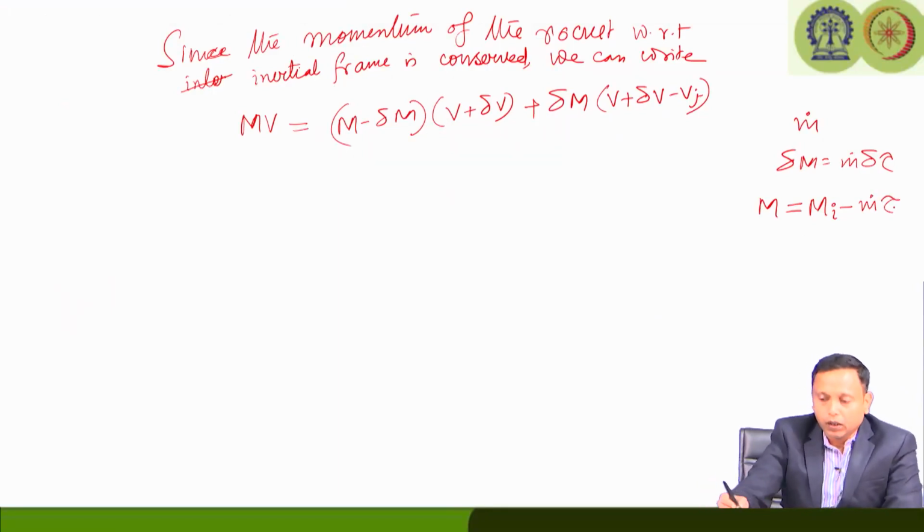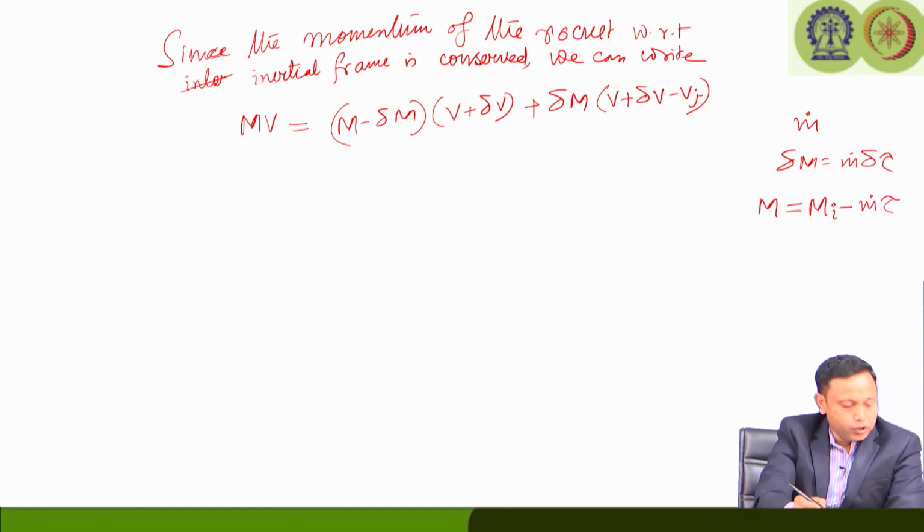Now let us put these relations into these equations. What we can simplify? We can write m will become mi minus m dot tau.